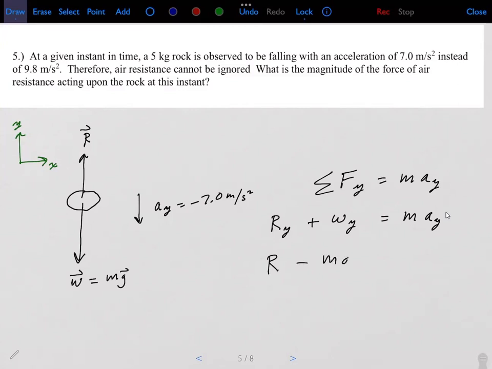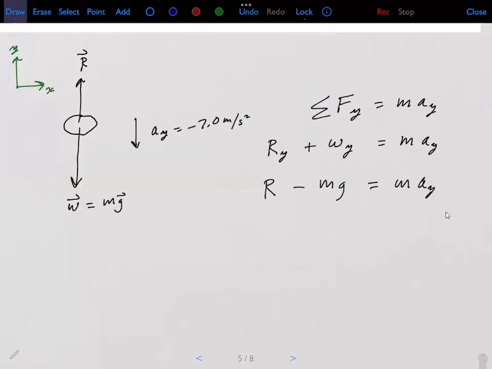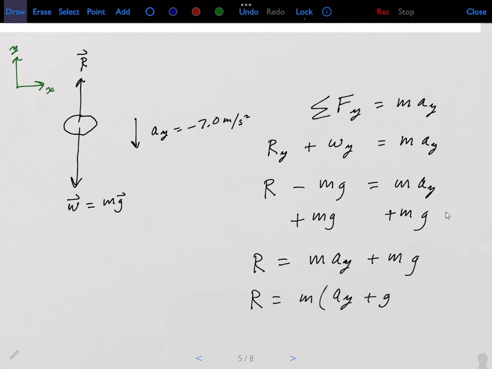So negative mg, and that's got to equal MAY. If I want to solve for R here, I'm looking for R. So let me add mg to both sides. So I have R is equal to MAY plus mg. And you could even factor out the m if you want. A little bit of math here, and I have m times (AY plus g).